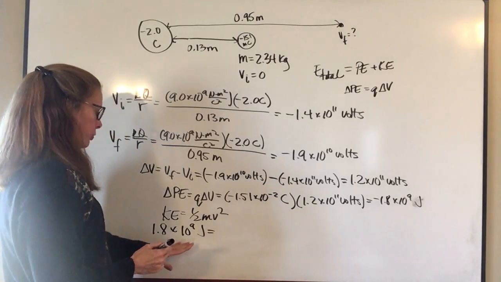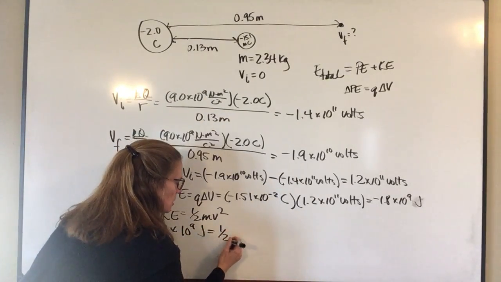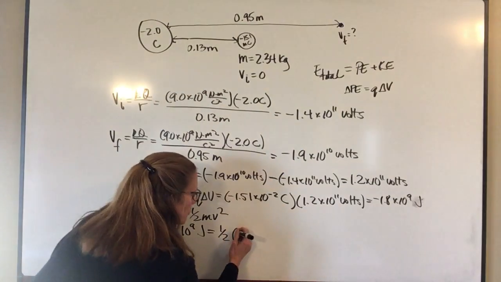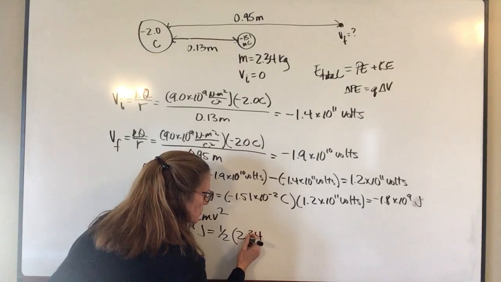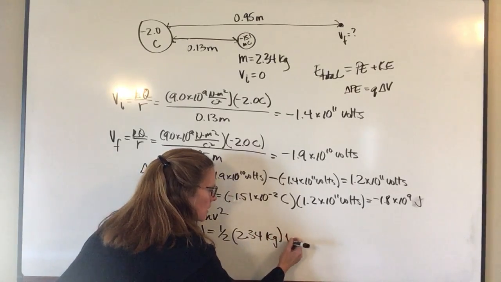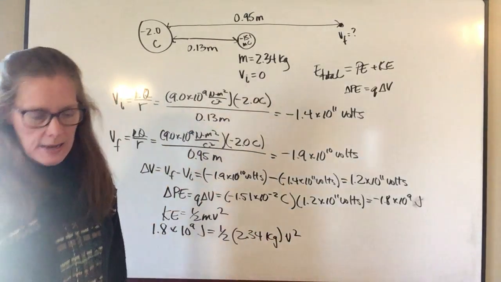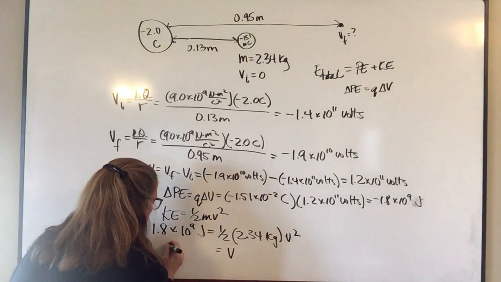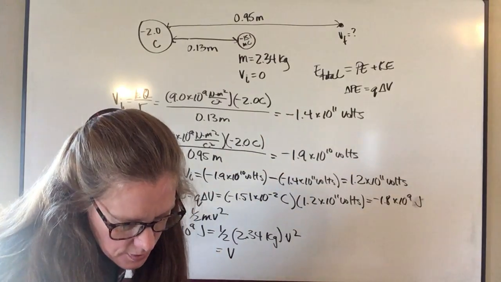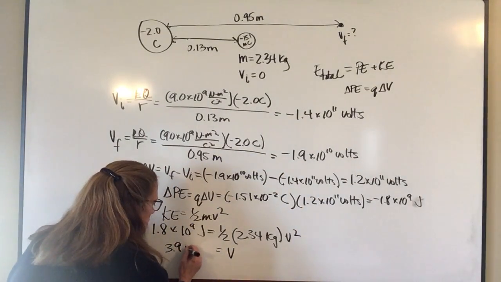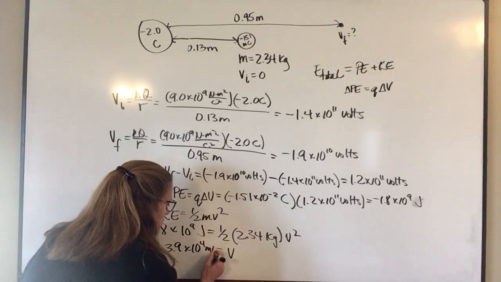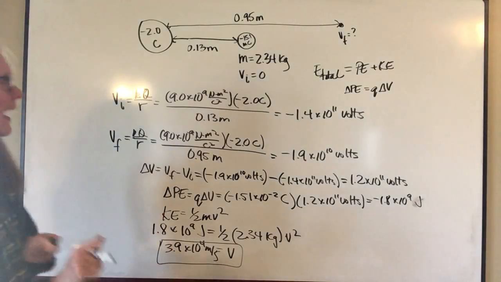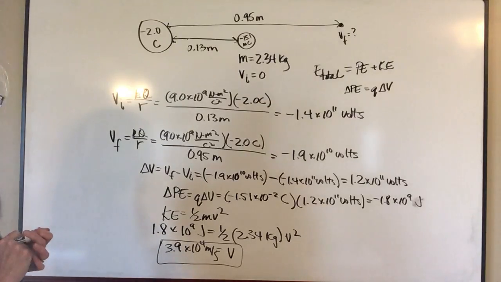So 1.8 times 10 to the 9th joules equals 1/2 times the mass, which was 2.34 kilograms, times V squared. And when I solve for V, I end up with 3.9 times 10 to the 4th meters per second as my final velocity at that particular point.